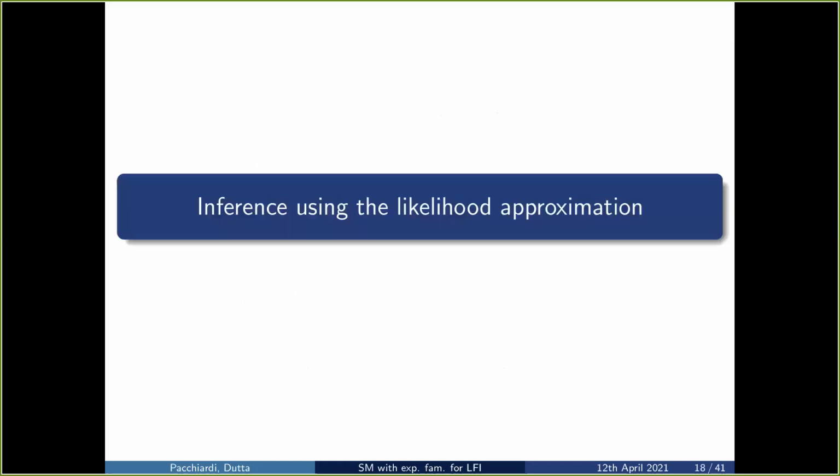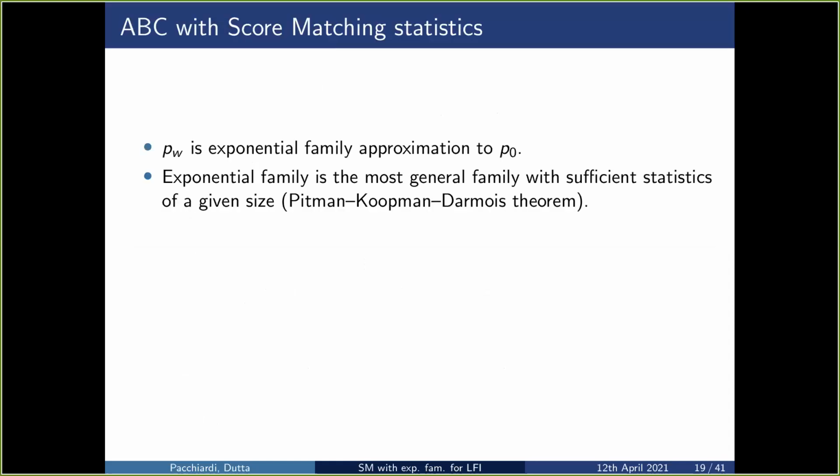Now, after we have simulated data, we've chosen this conditional exponential family, and then we have used the score matching extended to this conditional case, and we use this technique to fit that specific sort of density to our data set. What can we do with this approximate likelihood we got? So we'll notice that this PW is an exponential family approximation to P0, what we get.